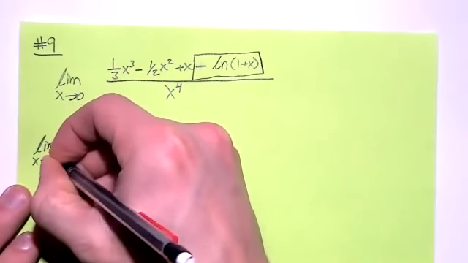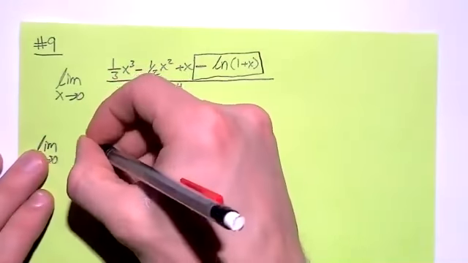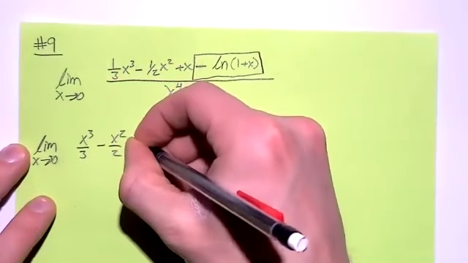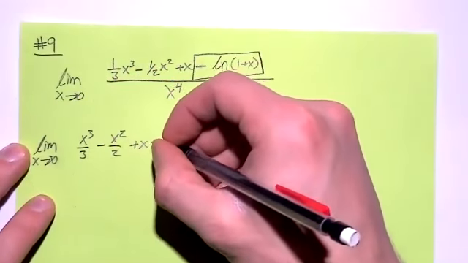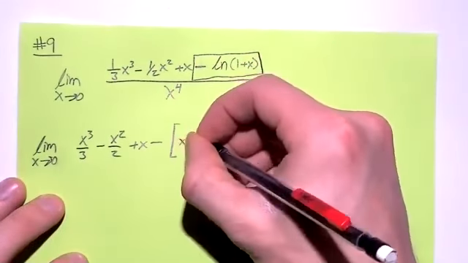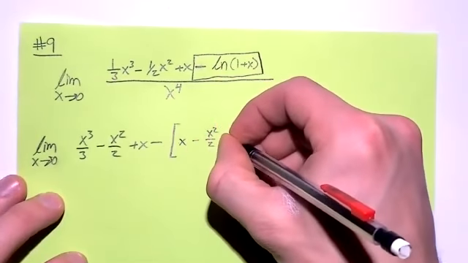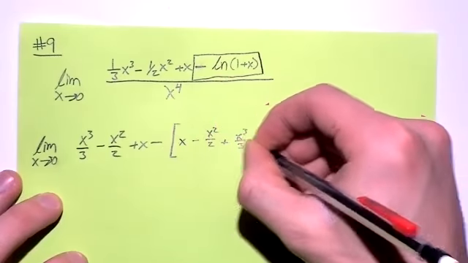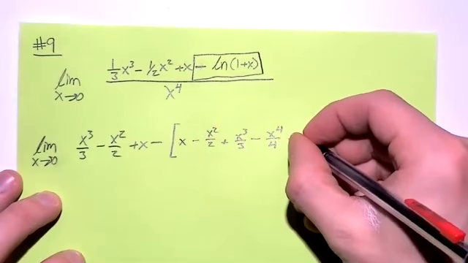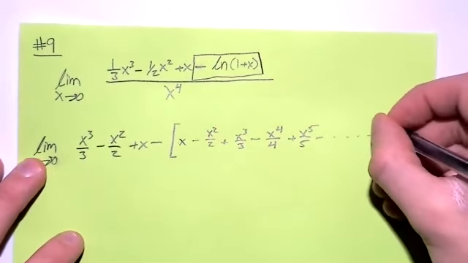Limit as x approaches 0 of x cubed over 3 minus x squared over 2 plus x minus, in big brackets, x minus x squared over 2 plus x cubed over 3 minus x to the 4th over 4 plus x to the 5th over 5. I don't think I need to continue on. I think you guys can see what's happening there.